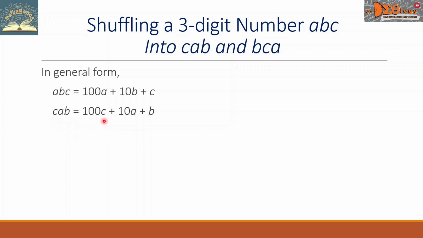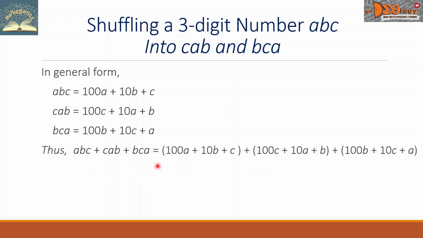It equals 100C plus 10A plus B. And the number BCA equals 100B plus 10C plus A. Suppose we add the three numbers ABC plus CAB plus BCA. Therefore, we're going to add the general forms of these numbers respectively, just like this.